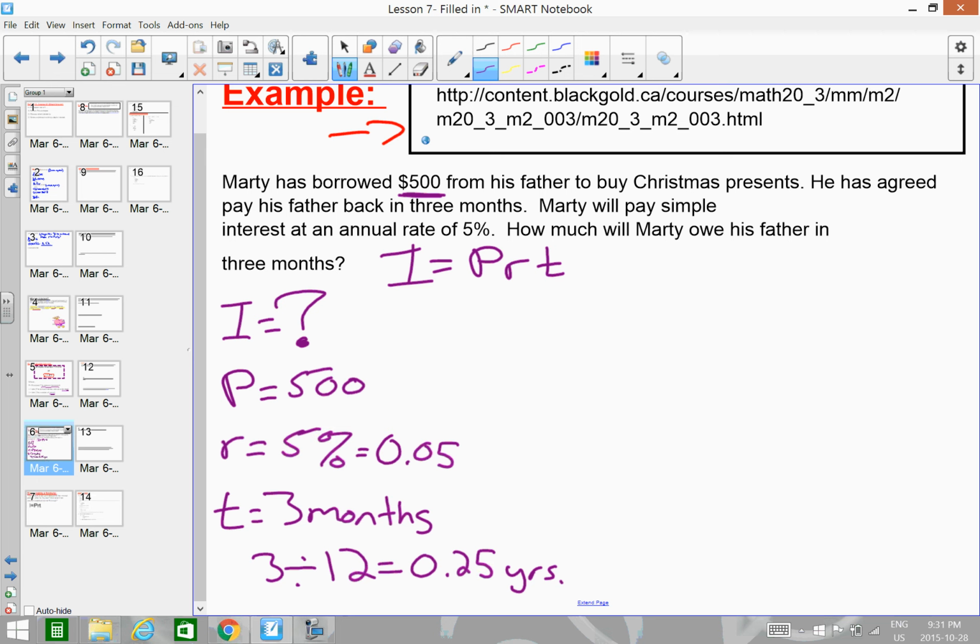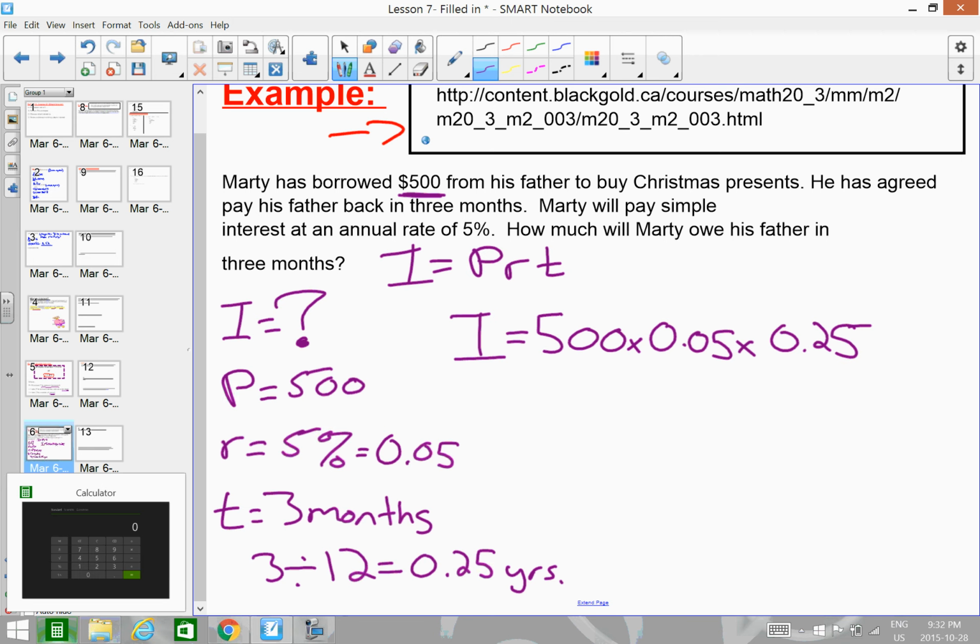All right, so let's put these numbers into our formula here. So I equals our principal of 500 times our interest rate of 0.05 times our time, 0.25 years.